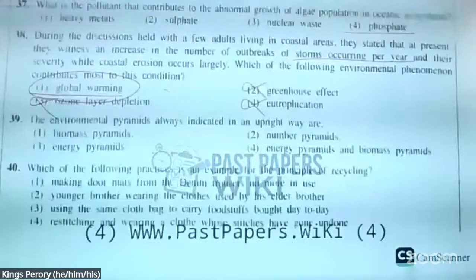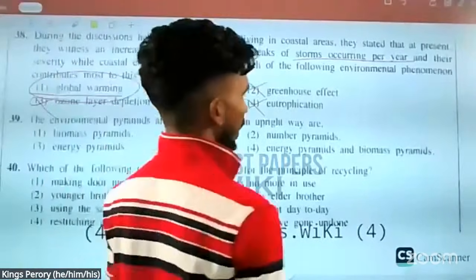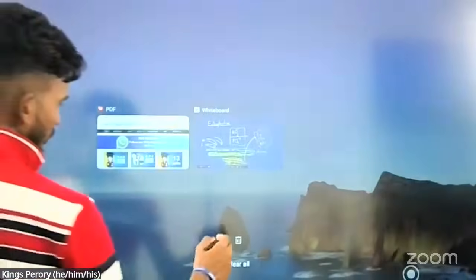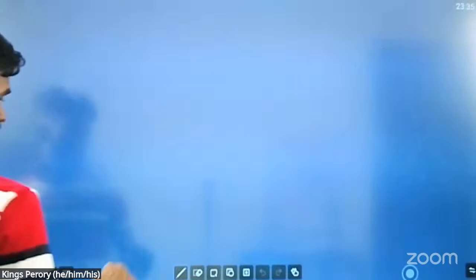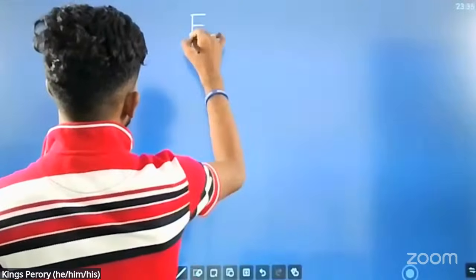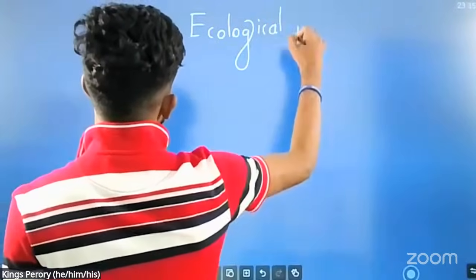39. The environmental pyramid always indicated in an upright way is. Remember, there are three types of environmental pyramid. They are talking about ecological pyramids.